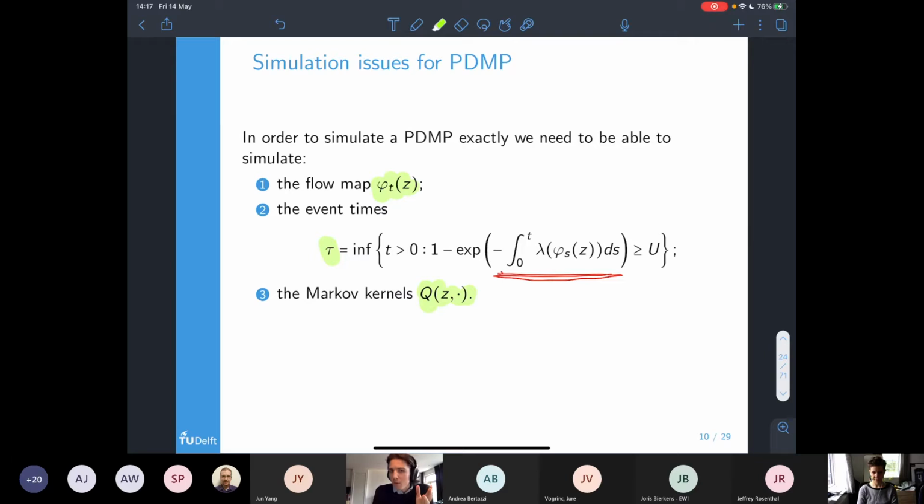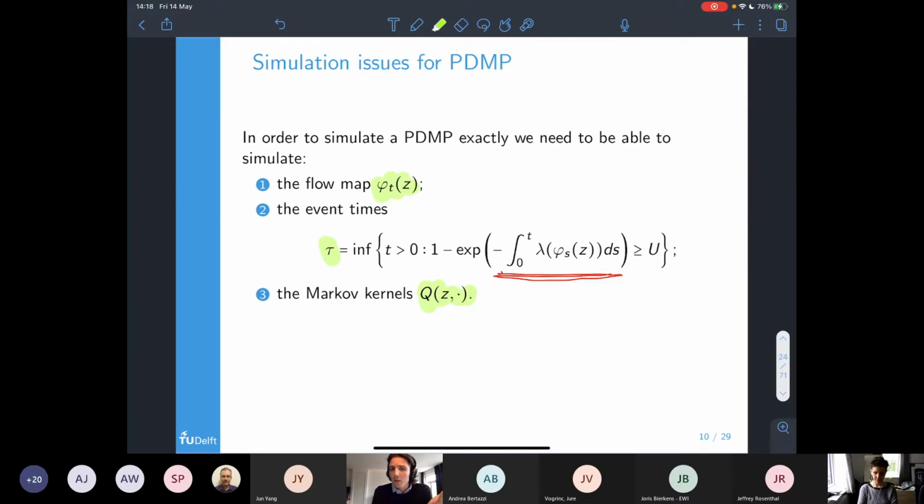And just to say about the flow map, of course, for zigzag, that was very easy because it's linear. The Markov kernel also was very easy because it's just a velocity flip. The difficult part was the simulation of the event times, but this is not the case in general. We can think of randomized HMC, for instance, in which computing the next event time is very easy because we have maybe a constant refreshment rate.